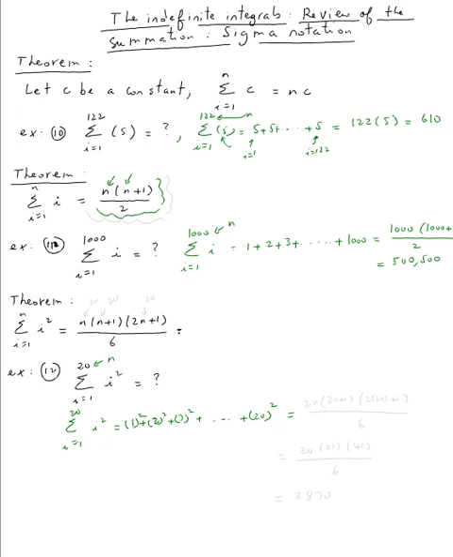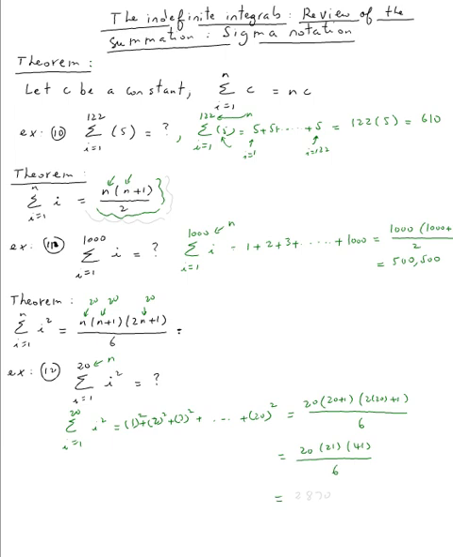I know my n is 20, so I'm just going to plug 20 here, here, and here, and I'm done. So it's 20 times 20 plus 1, times 2 times 20 plus 1, everything divided by 6. In other words, this is going to be 20 times 21 times 41 divided by 6.